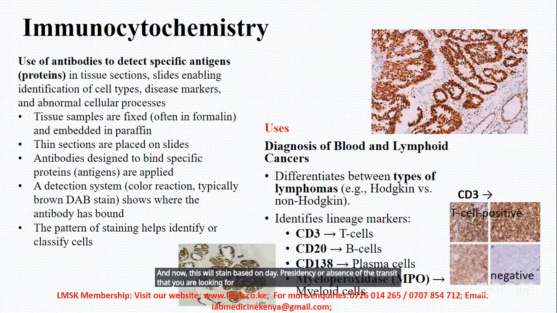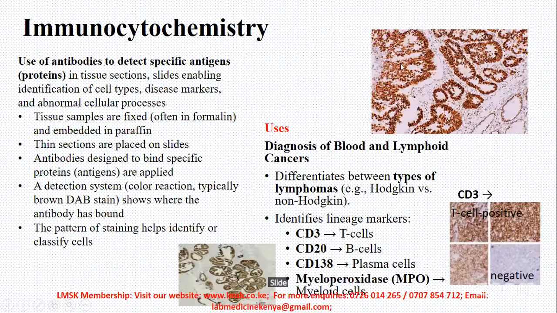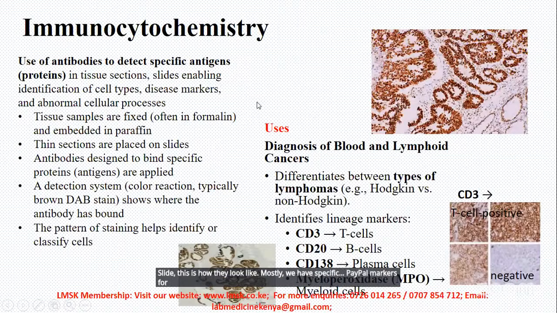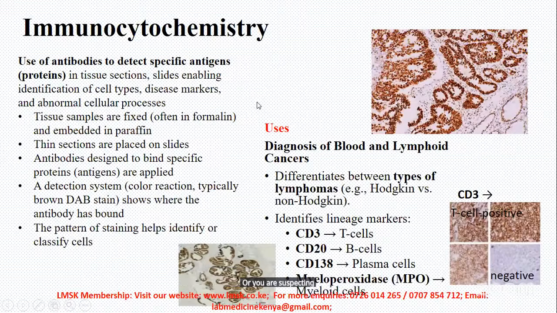So for whoever has never seen an immunohistochemistry slide, this is how they look. Mostly we have specific types of markers for each. If you are suspecting lymphoma or lymphoid tissue, we are going to use specific antibodies like CD markers.